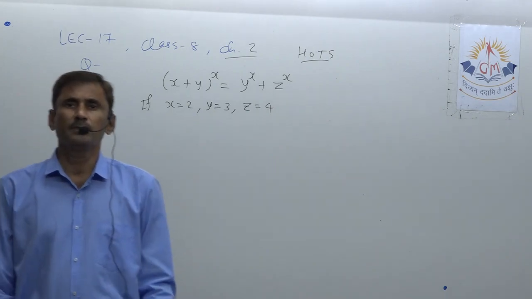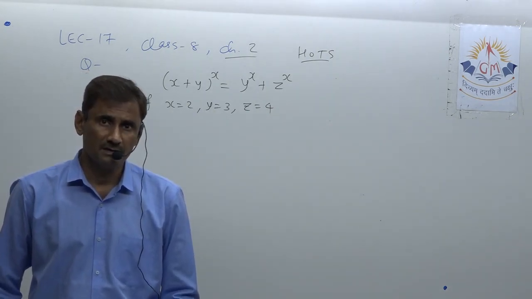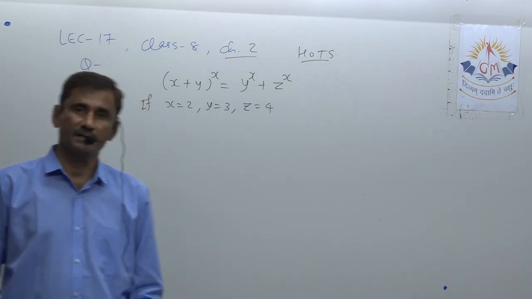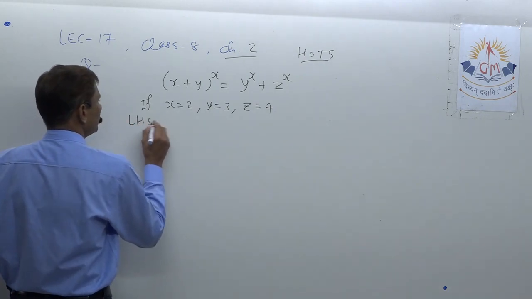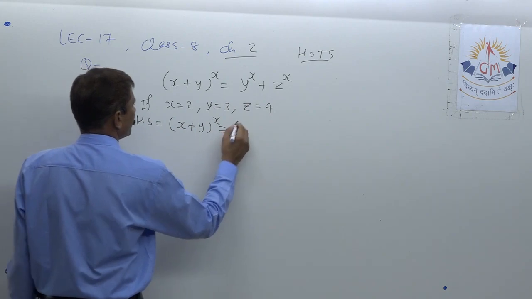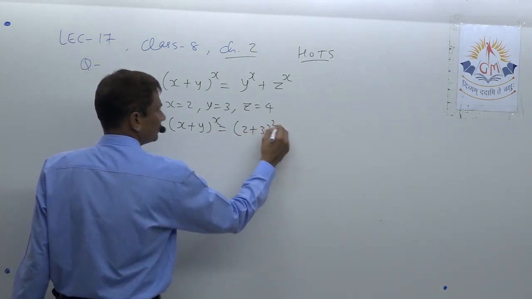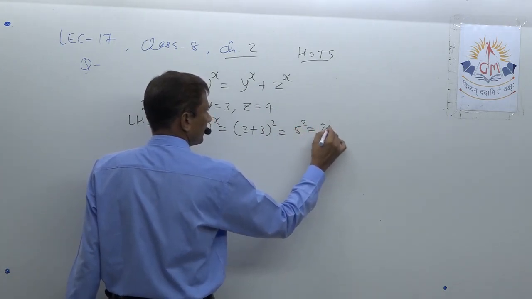By putting different combinations of values at the left hand side as well as the right hand side. So look here, left hand side equals x plus y raised to x, means 2 plus 3 raised to 2, means 5 raised to 2, means 25.